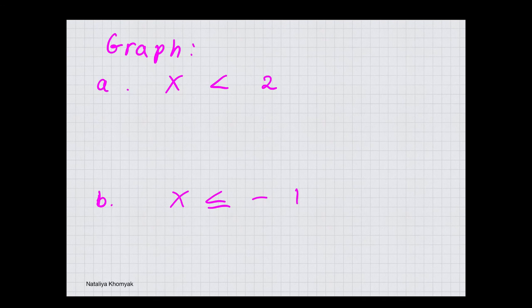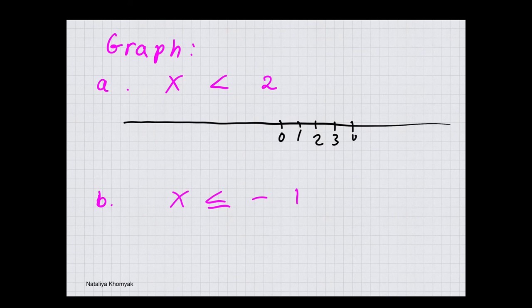Let's graph x is less than 2. Here's my number line. 0, 1, 2, 3, 4. Now the number I'm working with is 2, so there it is. I only have less than, so I'm going to graph an empty circle.